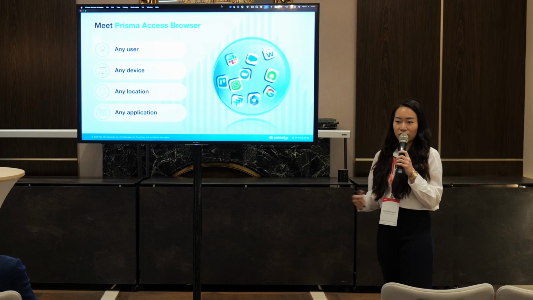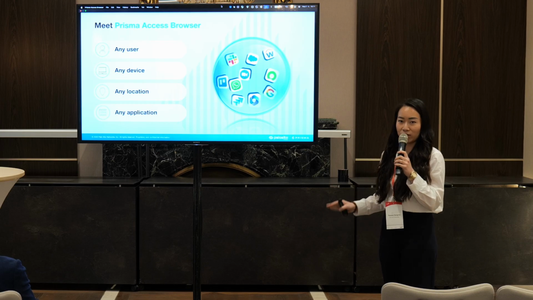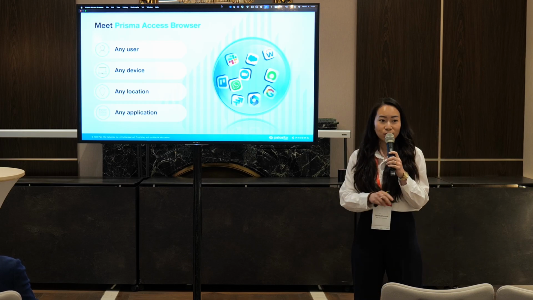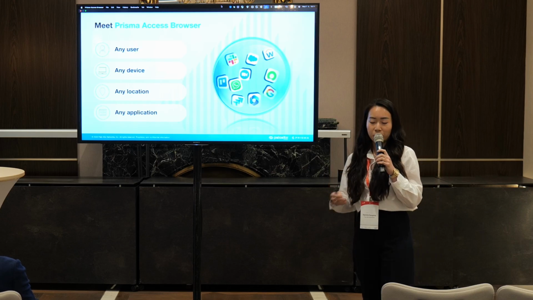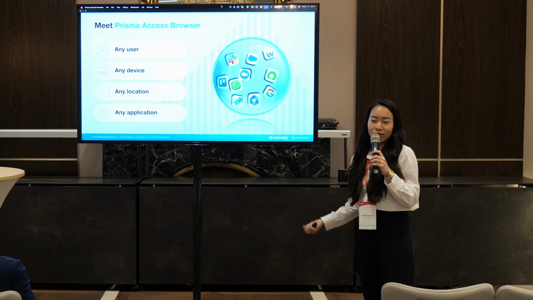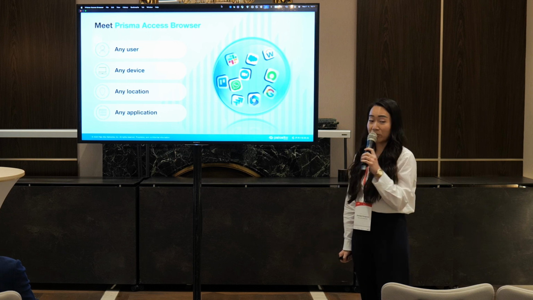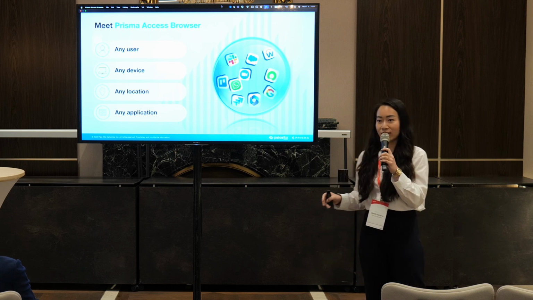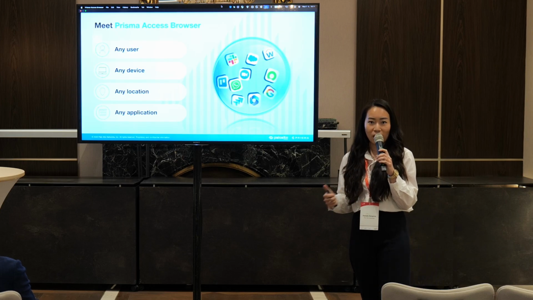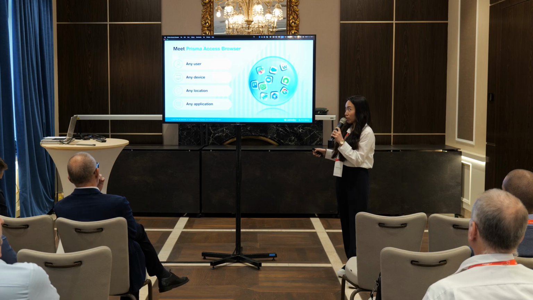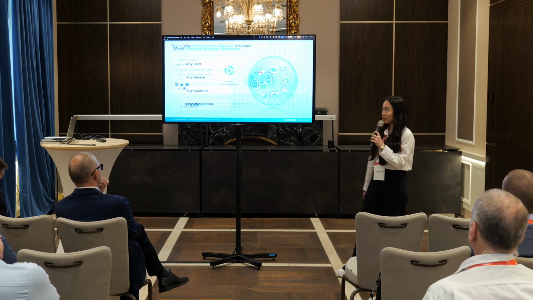As I said, managed, unmanaged, your phone, tablet, whatever. And it secures from any location. So whether you are connecting from your home, from the office, or you're sipping some margaritas on the beach in Bali, it secures any location and any application, SaaS applications, private applications, whatever you are connecting into.